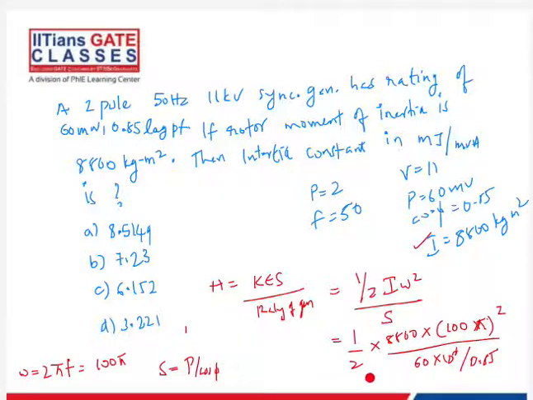Right? So if you substitute this, you will get 6.152 GJ per MVA or 6.152 seconds. C is the correct answer.